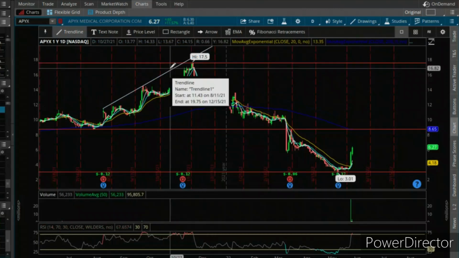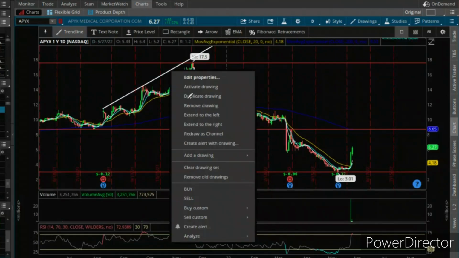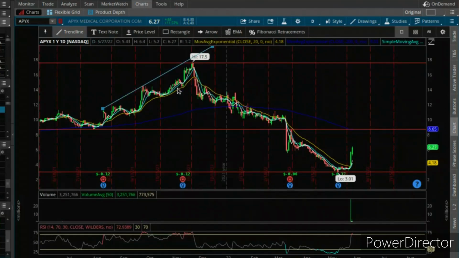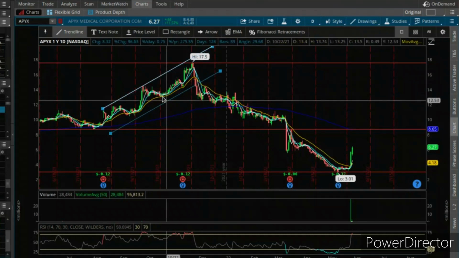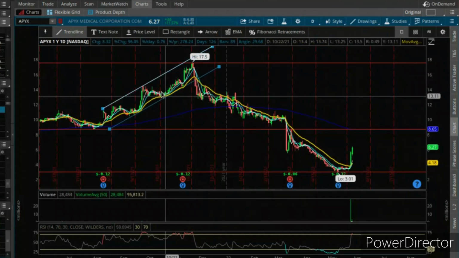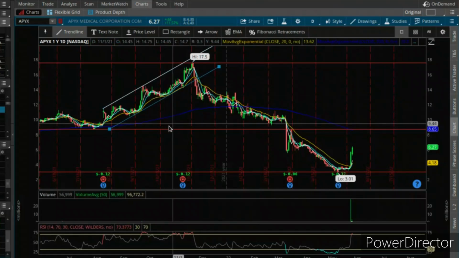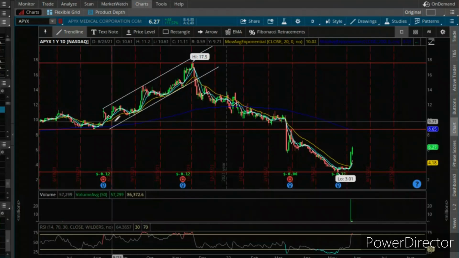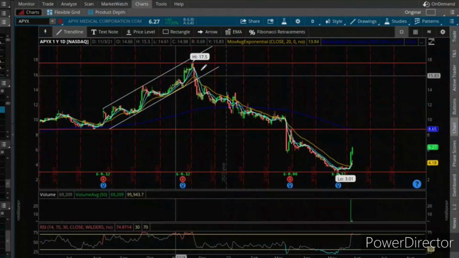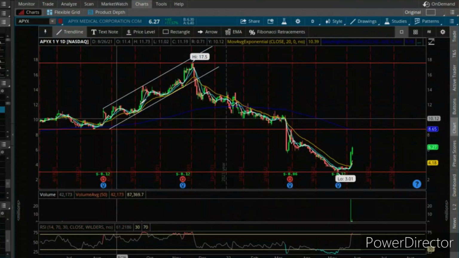Usually, if you duplicate that line, it should match up for the bottom of this channel right here. It should match up. Let's see, it does, which shows you that it is a channel on this market structure. Within these support lines, you have a channel.